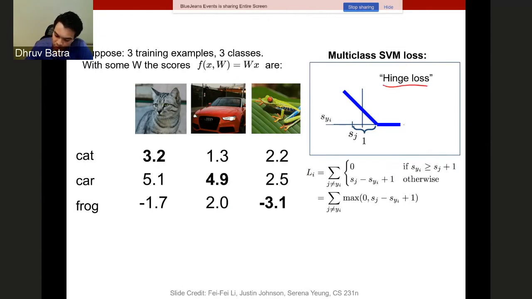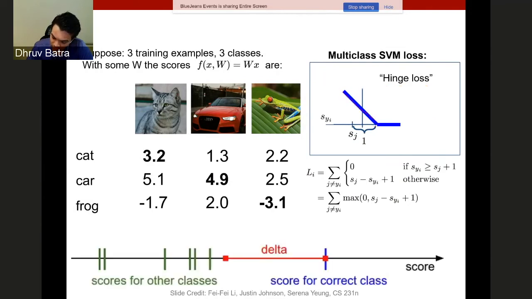It's known as the hinge loss because if you plot L sub i versus s sub y, it basically starts off positive and at some point it becomes 0. And that point is the sj plus 1 value. This looks like a door hinge from the top, and that's why it's known as a hinge loss.